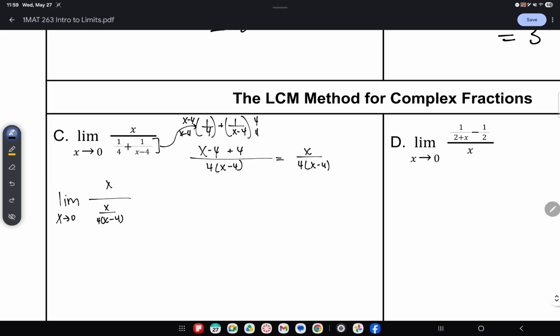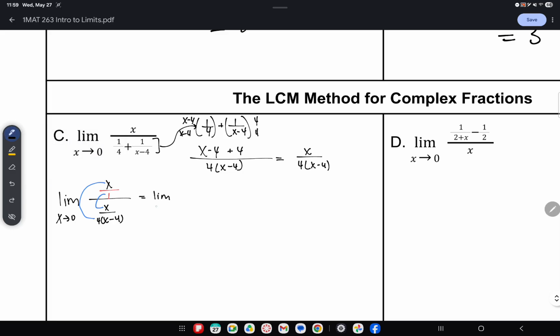And then for these kind of fractions, we could say that the x on top is really x over 1. And then I was always taught to simplify a fraction over a fraction by big C over little c.